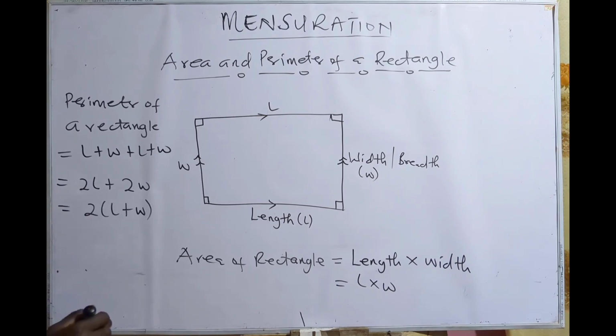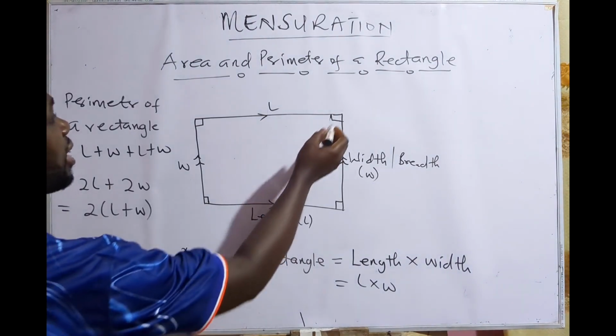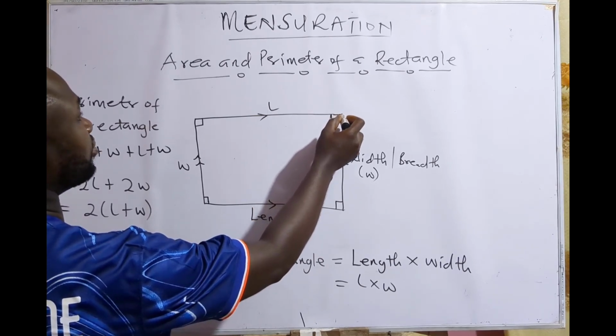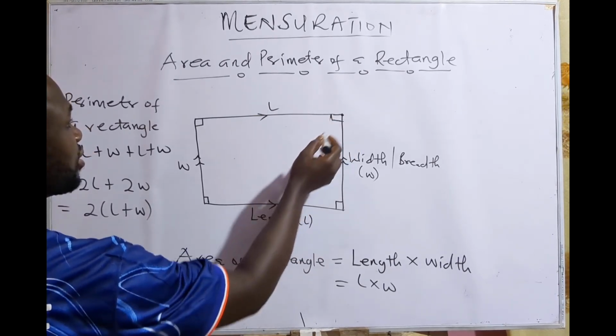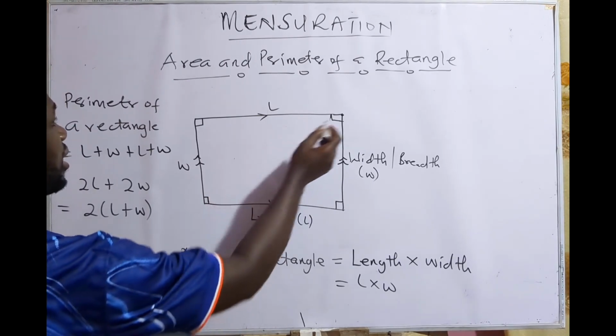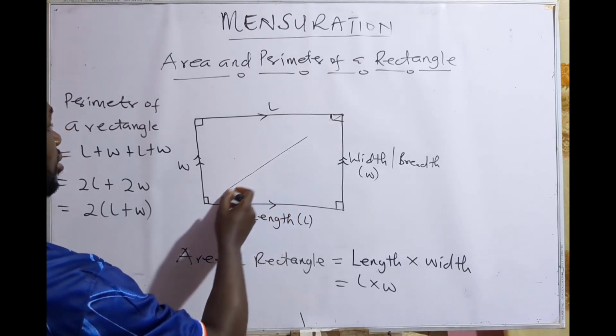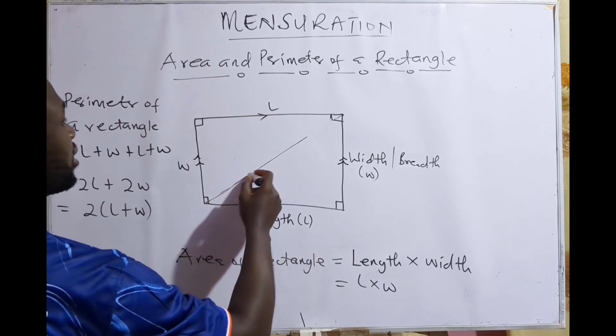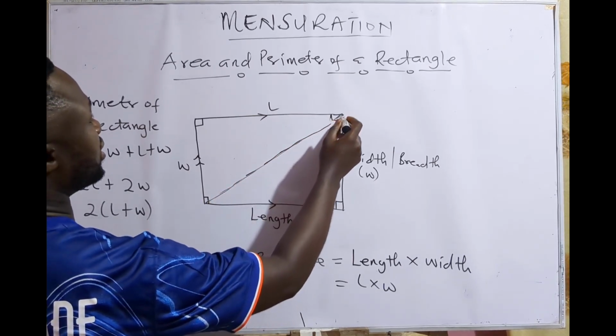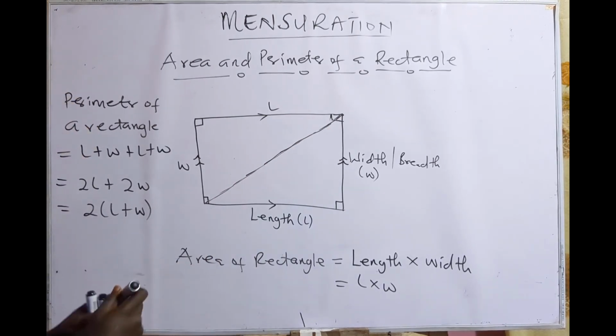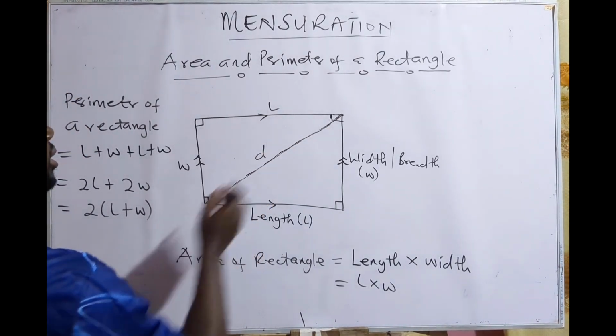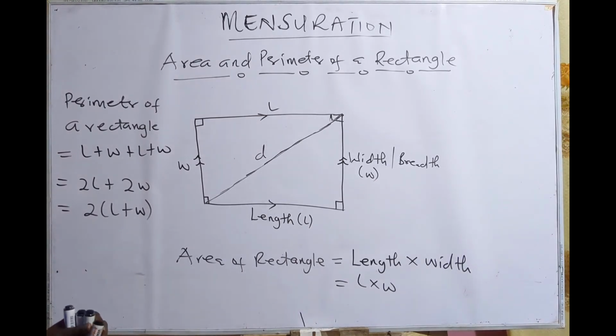And then with a rectangle we can have the diagonal. The diagonal is a line drawn from one vertex of the rectangle to the other. So from this particular vertex to this vertex, this can be the diagonal of the rectangle.